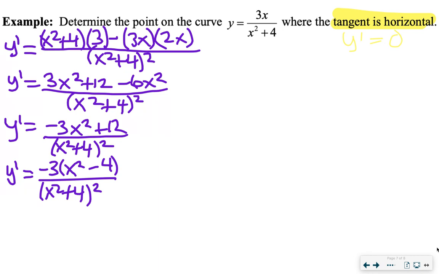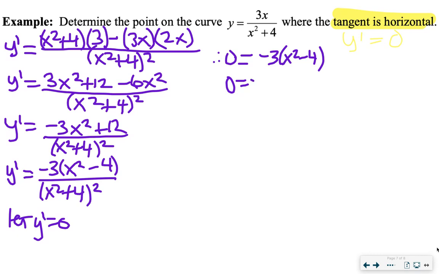Right? So we're going to let our y prime be 0. Well, if I'm looking at a fraction being 0, all I really care about is the top, right? My numerator. So then that means my numerator must be 0. Okay, so that means that my x squared minus 4 is 0. So I'm getting x to be plus or minus 2.